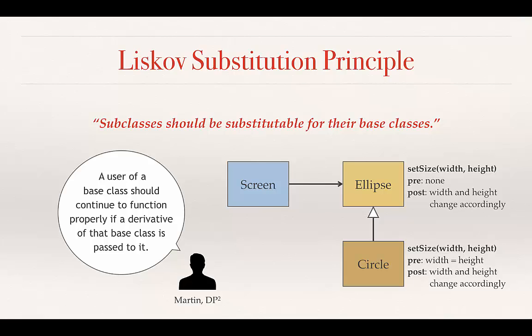Perhaps an exception will be thrown and the program will abort, or perhaps the height parameter will be ignored and the circle will get a height of 640. But in that case, the implementer of the screen component has incorrectly assumed that the ellipse's height is 480. So this is a problem. The subclass is causing the user's class to behave improperly, and therefore a circle object cannot be substituted for an ellipse.